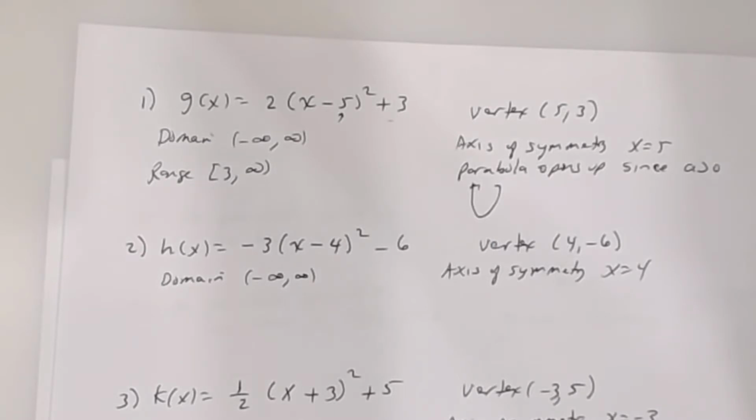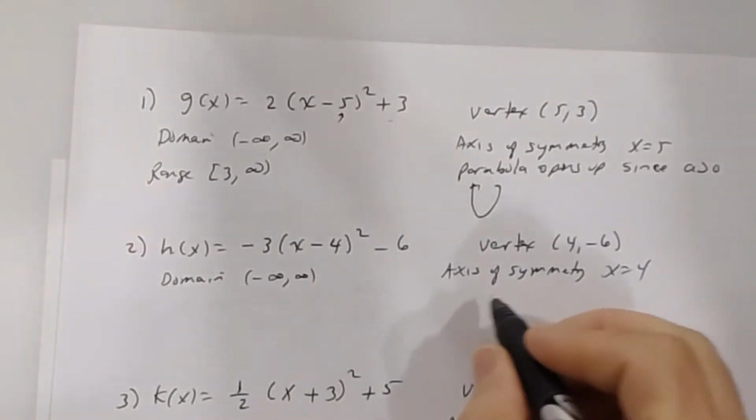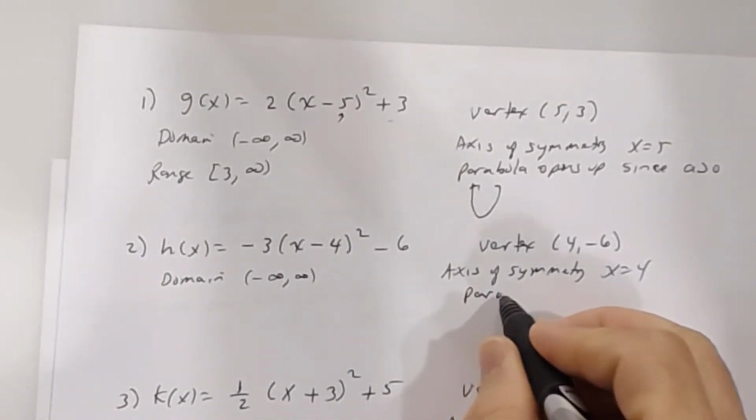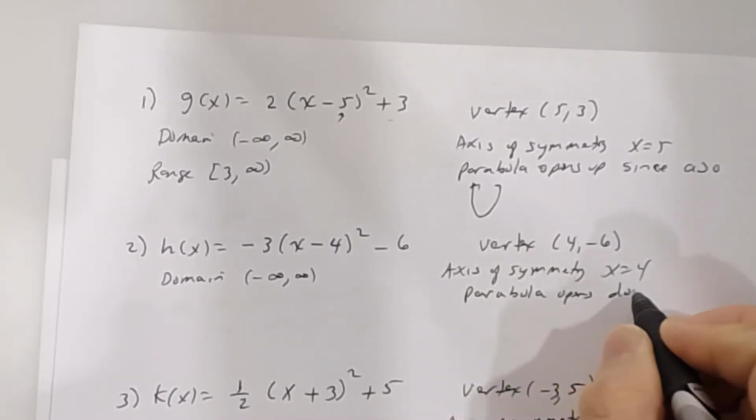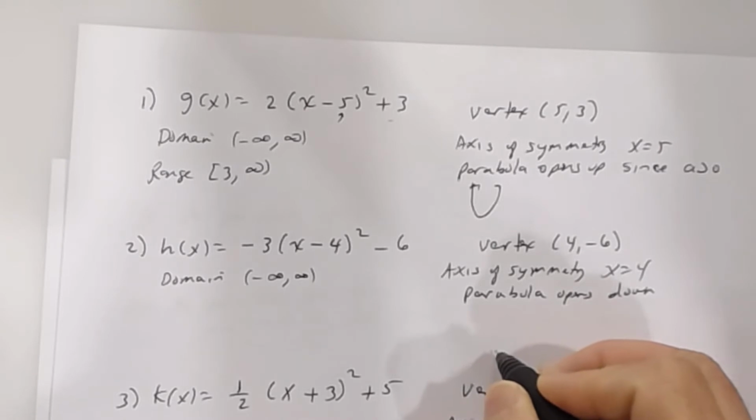Or number 2. What do you think the range is? Say it again? -6 to infinity? Okay, so let's think about it. So does the graph open up or down? Opens down. So the parabola opens down. So in your mind, it looks something like this.